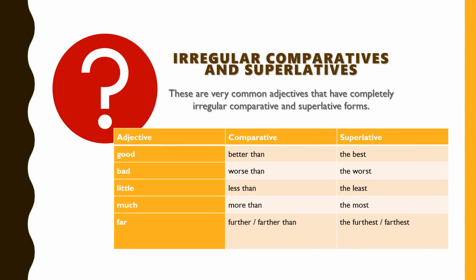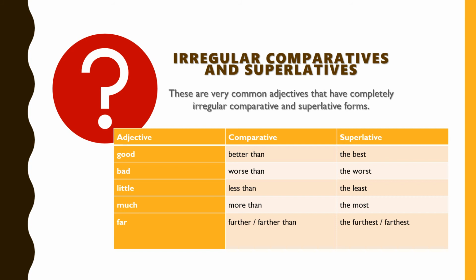Now, irregular comparatives and superlatives. These are very common adjectives that have completely irregular comparative and superlative forms. As given examples here, we have good, bad, little, much, far.